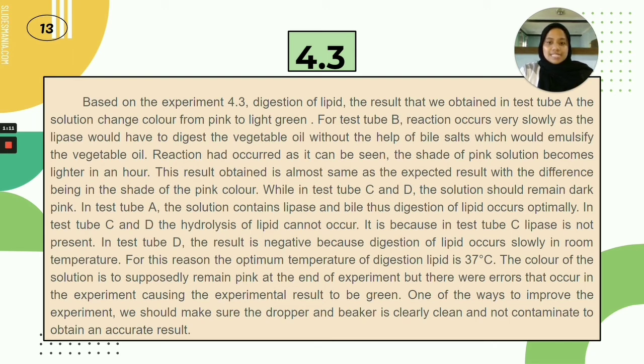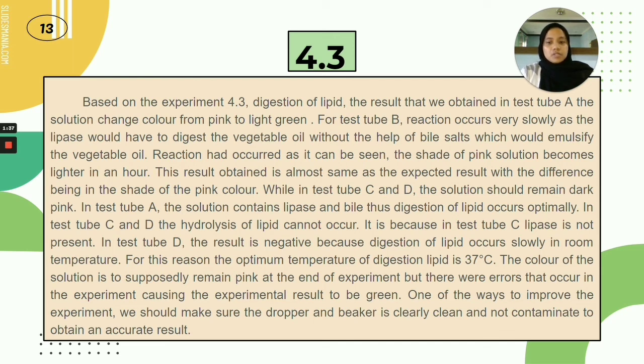In test tubes C and D, the hydrolysis of lipid cannot occur. It is because in test tube C, lipase is not present. In test tube D, the result is negative because digestion of lipid occurs slowly at room temperature. For this reason, the optimum temperature of lipid digestion is 37 degrees Celsius.